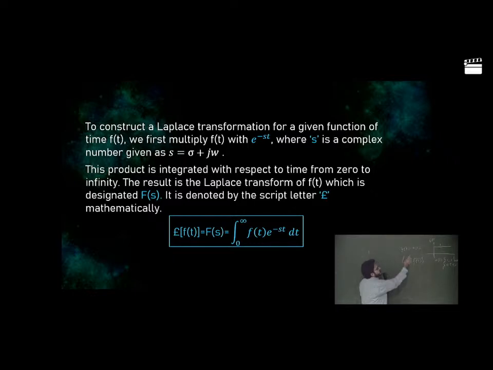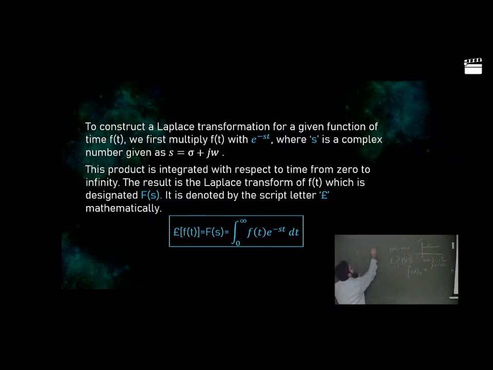Suppose you want to convert this function into the Laplace domain. How do you do it? You take that function, multiply with a factor e to the power minus st, and integrate it between 0 to infinity. Why are we doing this? We take it into the Laplace domain because certain mathematical calculations become easier in the S domain compared to the time domain. This S is a complex number, given by sigma plus j omega. Sigma is the real part, omega is the imaginary part.